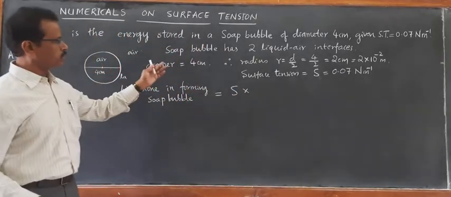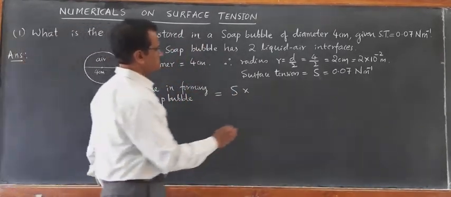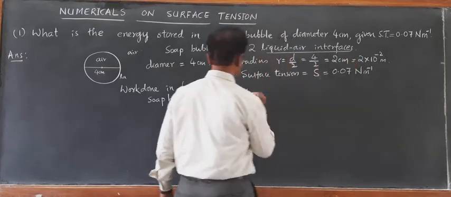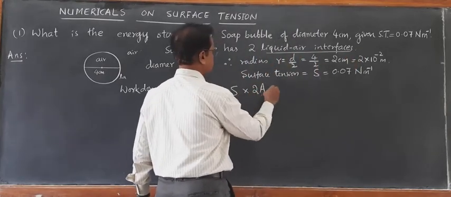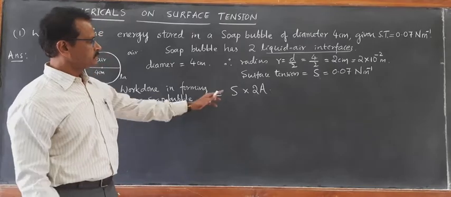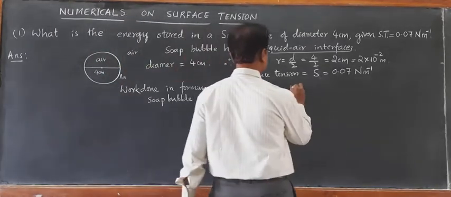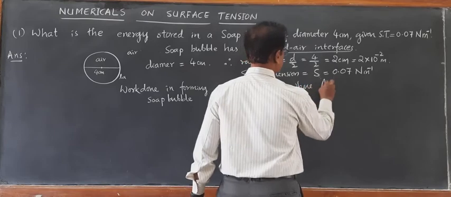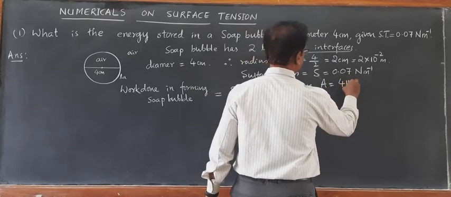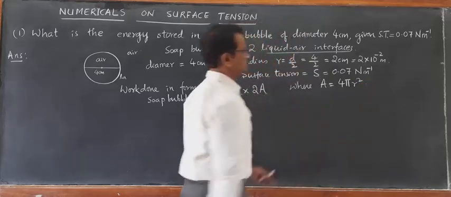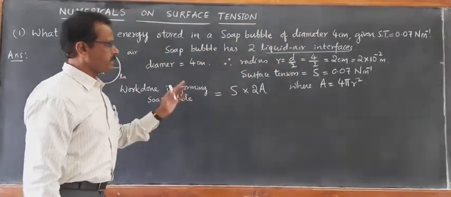Here it has two liquid-air interfaces, so I will write it as 2 times the surface area. Area I have written as A, where A is the surface area. Surface area is given by 4 pi r square, where r is the radius.